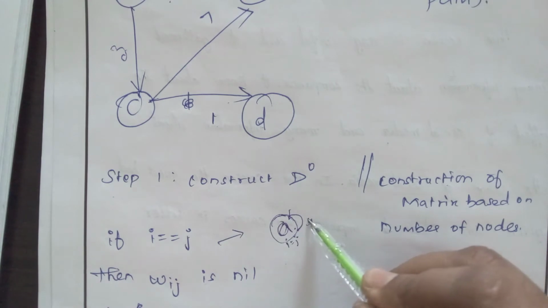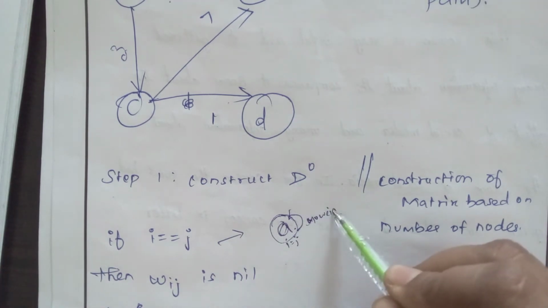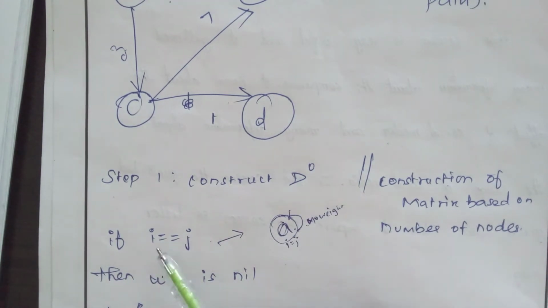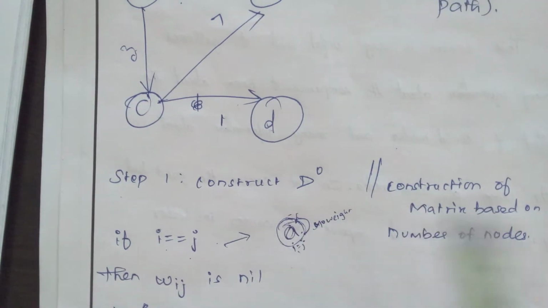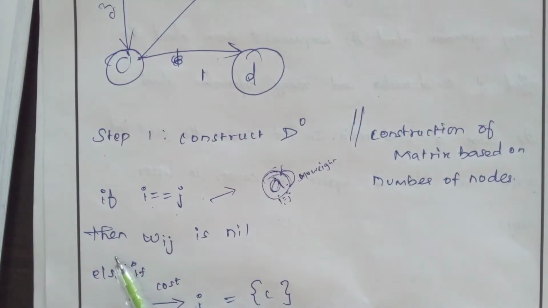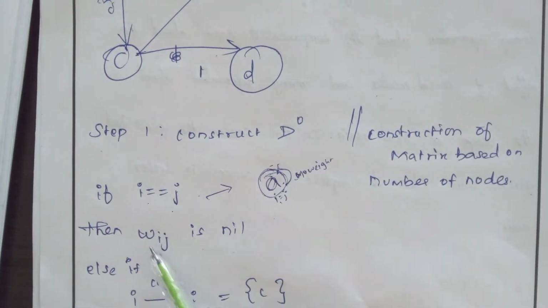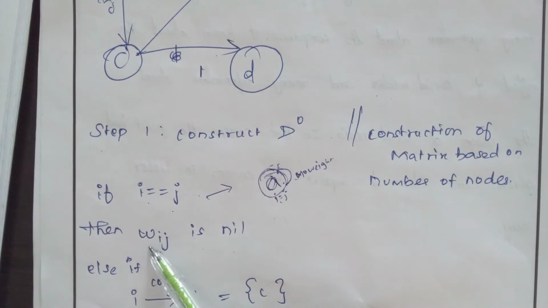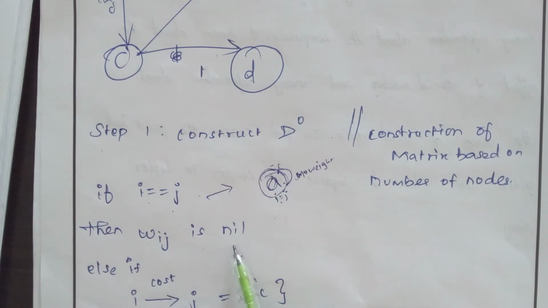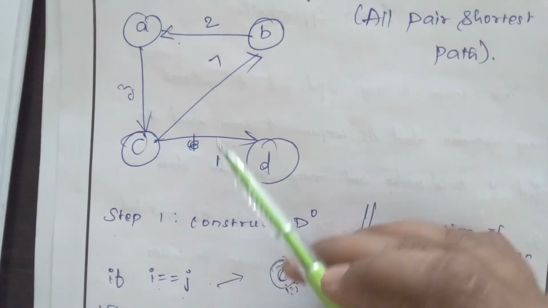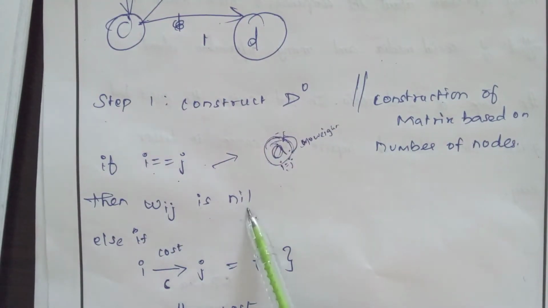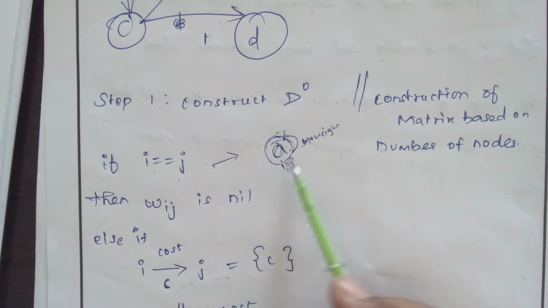So Wij is null. Wij means the weight of the nodes, like 1, 7, 3, 2. There is no weight for a single node.